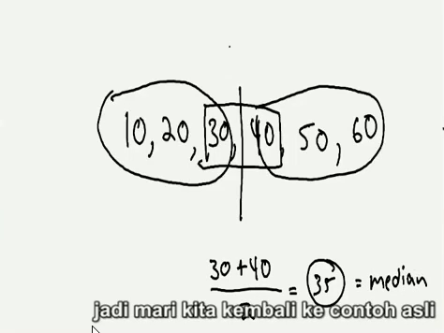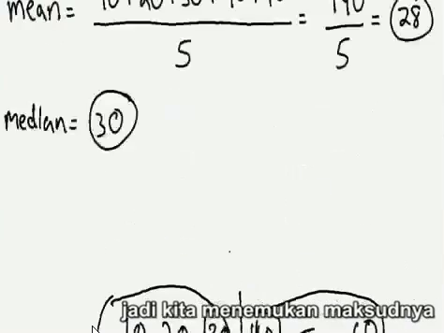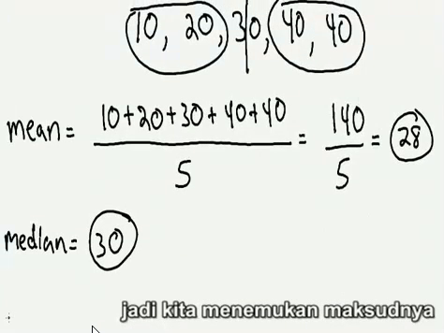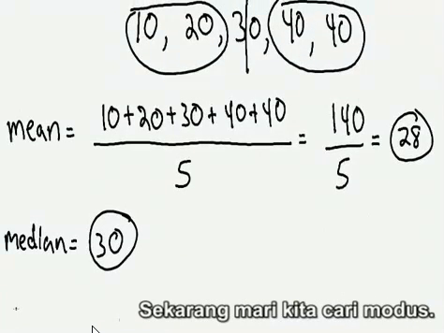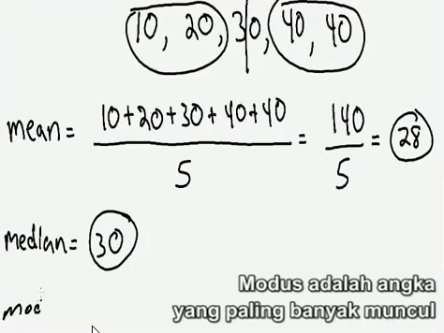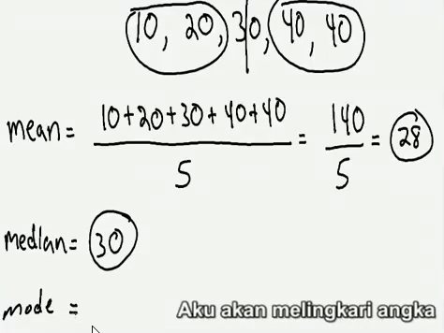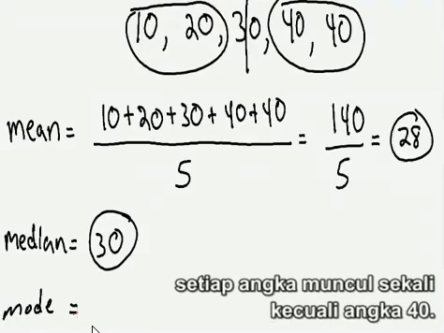Alright, so let's go back to our original example. We found our mean, we found our median. Now let's find our mode. Our mode is just the number that occurs the most. And I'll circle the number that occurs the most in red.